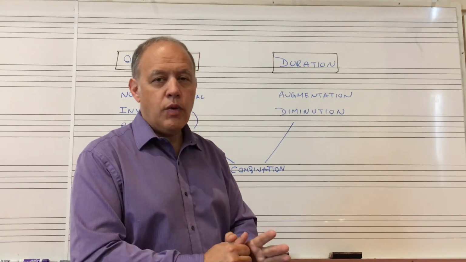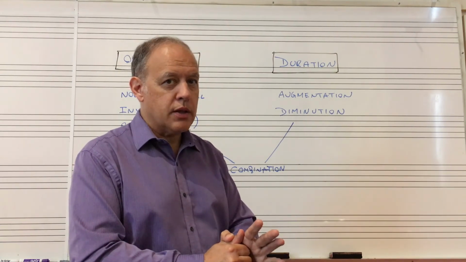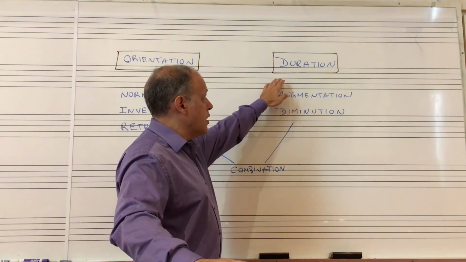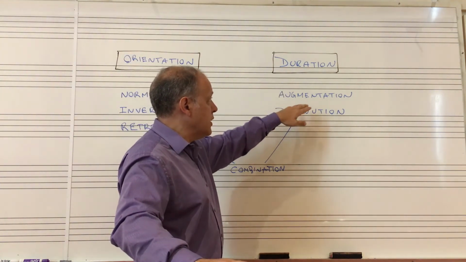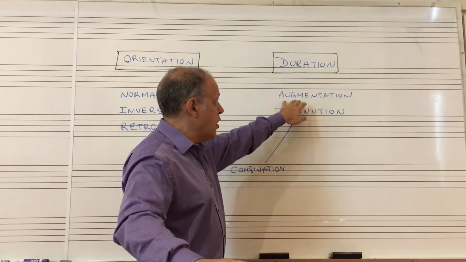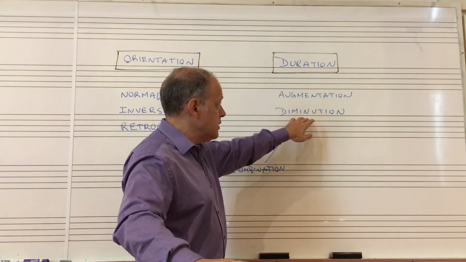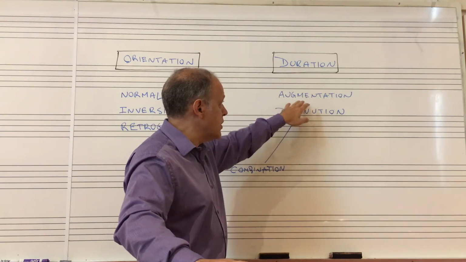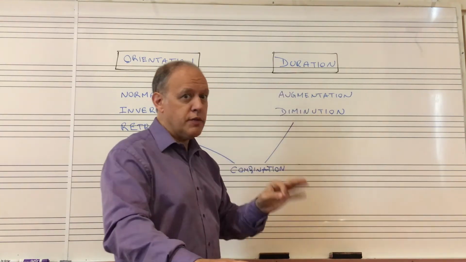However, there's also timing that can be changed, and that's, in this context, the concept of duration, in particular, augmentation and diminution, augmenting note values and diminishing note values, making them smaller. So augmenting the duration or diminishing the duration of each note.